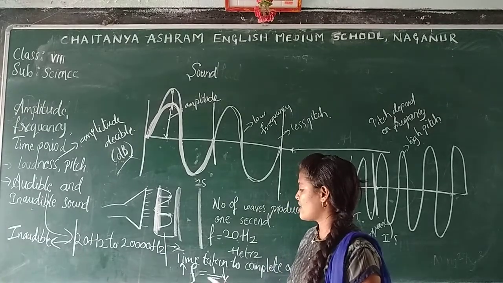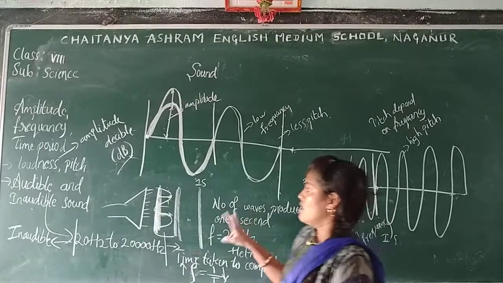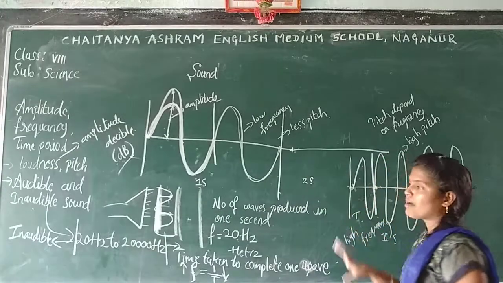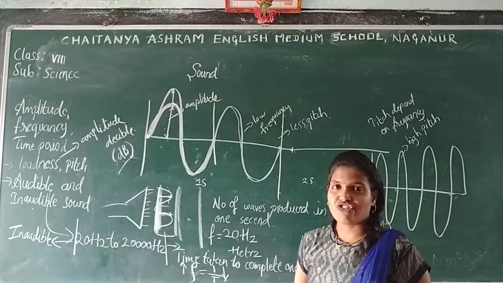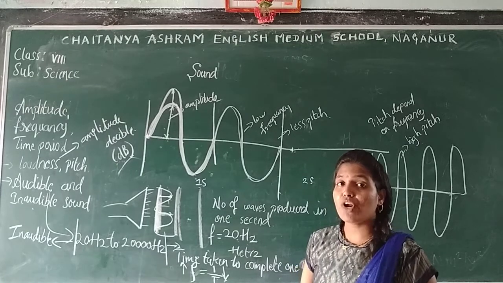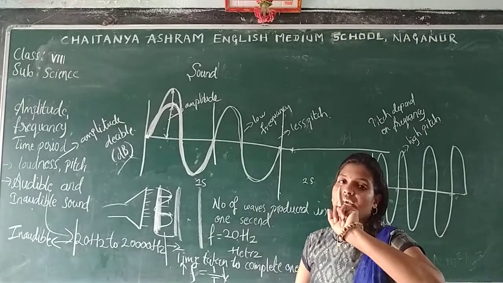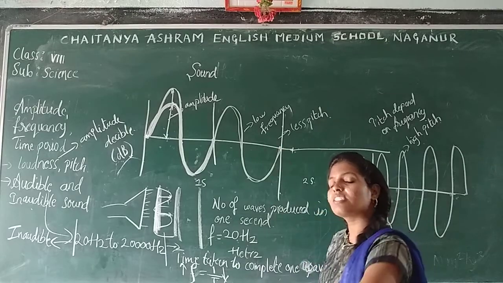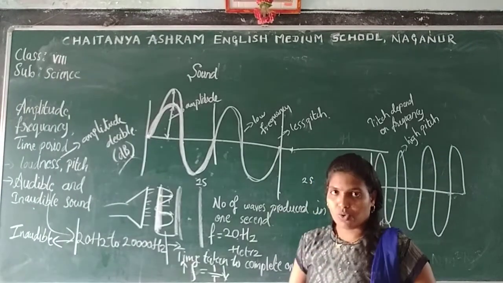So they are inversely proportional. The frequency determines the pitch or shrillness of the sound. If the frequency increases, the sound has a high pitch. If the frequency is lower, we call it a low pitch sound.